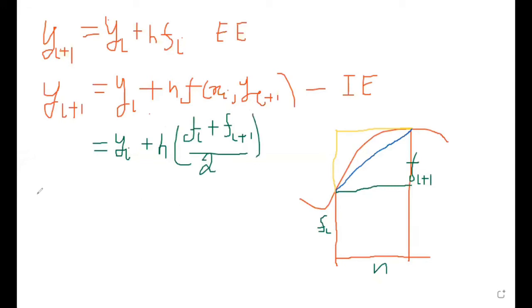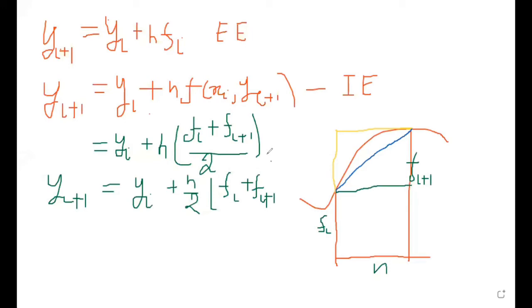So the third one is y i plus 1 equal to y i plus h by 2 times F i plus F i plus 1.